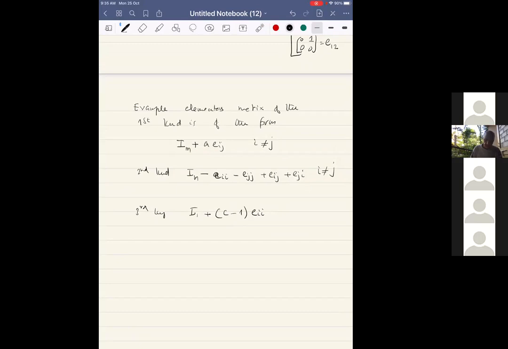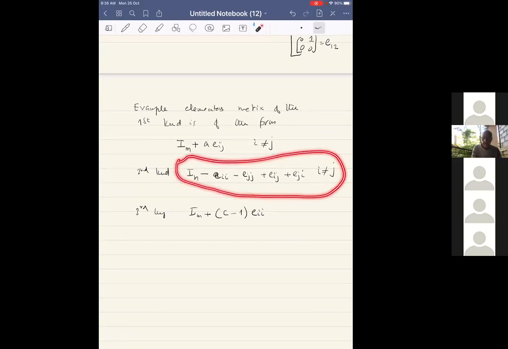This is the m cross m identity matrix. Im is the m cross m identity matrix. Does anybody want me to explain this? Nobody. Everybody understands this.